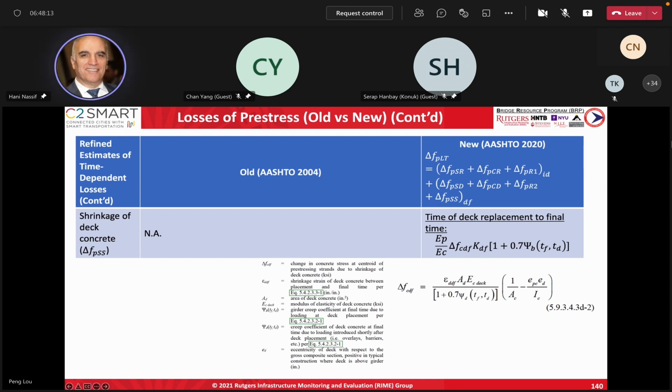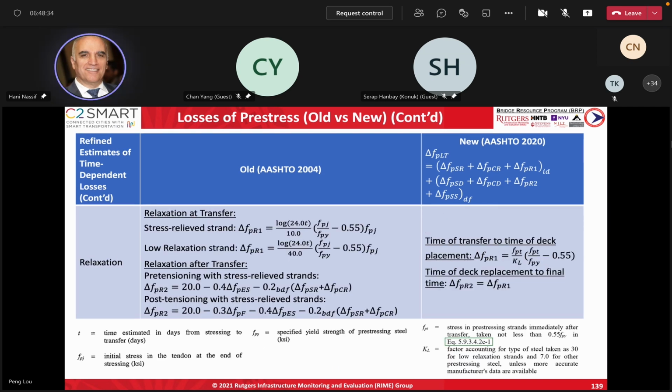Yeah, I think, Peng, thank you. I think this is one of the things that has been addressed, in the sense that when you estimate the losses, it depends on the time at which you start putting the deck. So you really need to know that, because if the girder has been on the bridge for, let's say, 1 or 2 months, and then you cast the deck, the girder has already shrunk, and the shrinkage was applied.